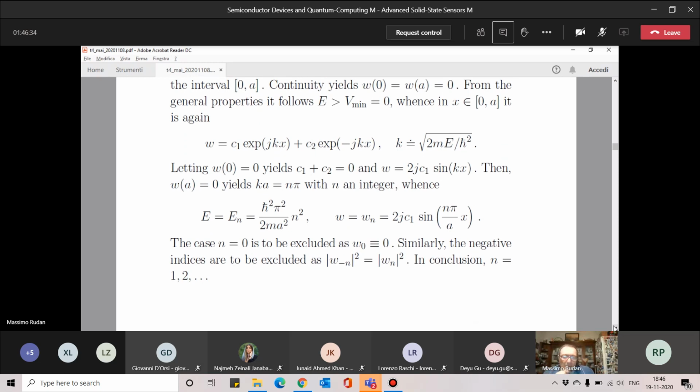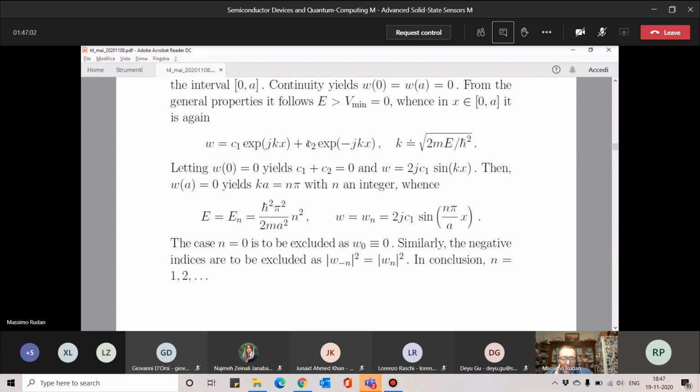So what we do now is we impose the boundary condition. The first boundary condition is at x equal to 0. If we let W at 0 be equal to 0, we obtain that C1 plus C2 is 0. So actually the two constants are not independent in this example.